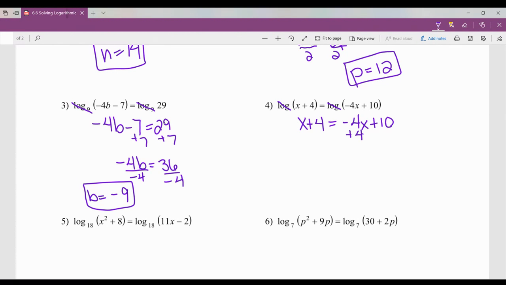So I'm going to add 4x. So I get 5x plus 4 is equal to 10. And then I'm going to subtract 4 to solve for x. And I get 5x is equal to 6. I divide by 5. And I get x equals 6 over 5.